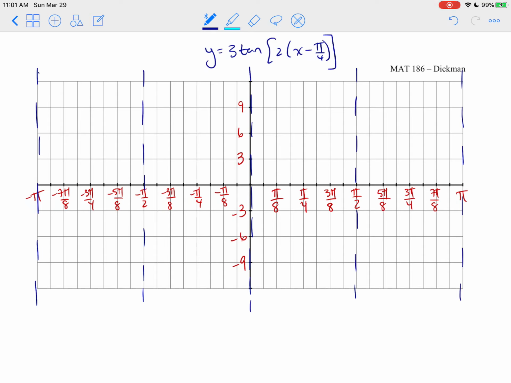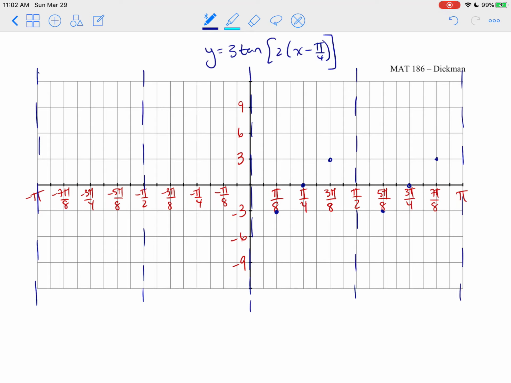Okay. Now, when we did sine and cosine, we came up with the scale, and then we still started pi over 4 to the right of where we normally would. But we already figured out where the vertical asymptotes are, so I don't need to start at any particular location, just in between 2 of these vertical asymptotes, and I'm going to go -3, 0, 3.